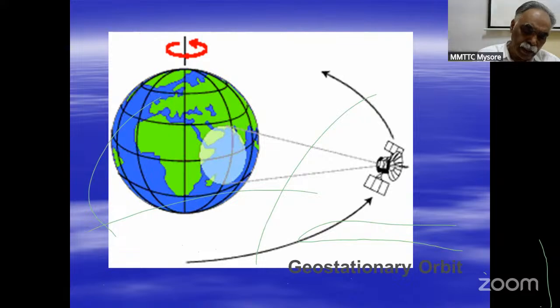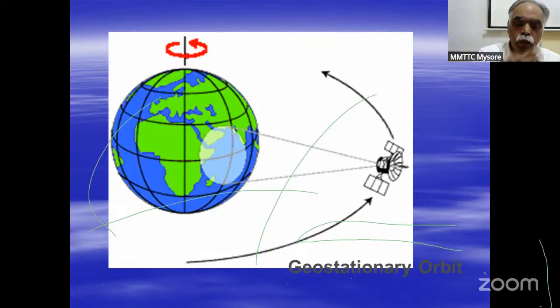So it is stationed, though it is not actually stationed, meaning it is not in constant immobility. It is moving, but it is moving synchronized to a particular point on the ground. So it will move according to the Earth's rotation and revolution along with the Earth.